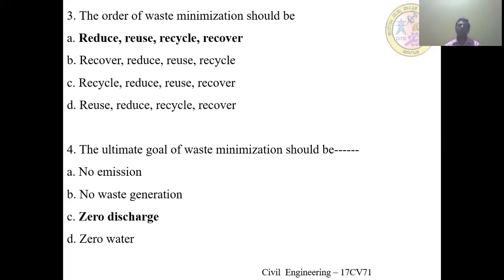So the order will be reduce, reuse, recycle, and recover. The ultimate goal of waste minimization should be zero discharge. Whatever water we get, it will be reused, recycled, and should not be disposed as an effluent or wastewater. We can treat and use it for other processes, like flushing of toilets is one example, or cleaning the floors, or gardening, etc.